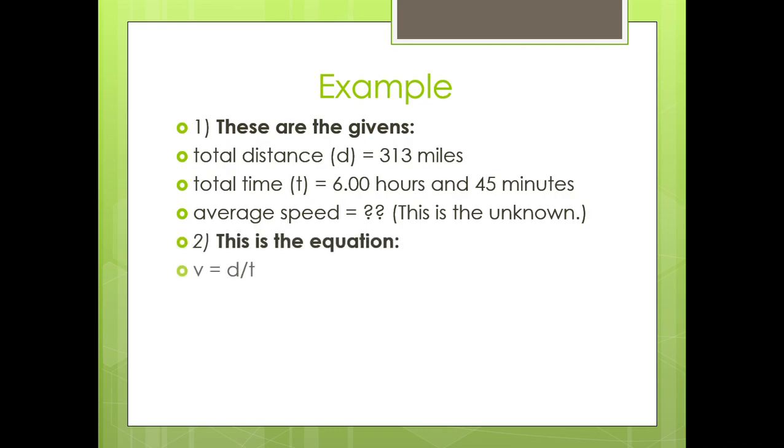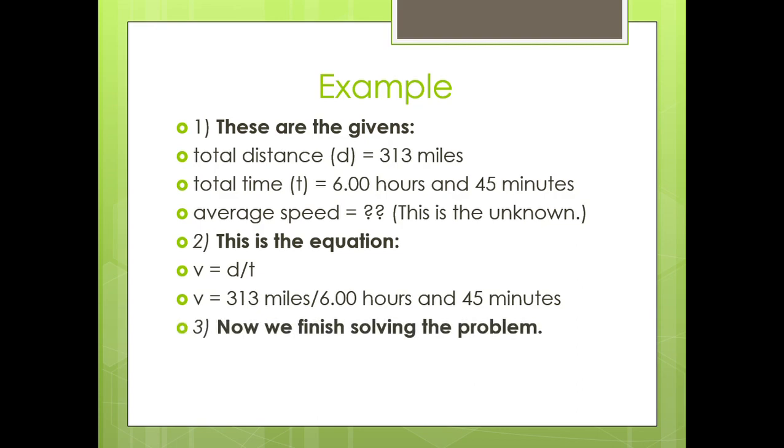And lastly, we have the equation for our problem. Remember, velocity or speed equals distance divided by time. Now we just substitute everything in there. Just keep in mind that we need to convert those 45 minutes into hours, so we have a real amount of time in hours.